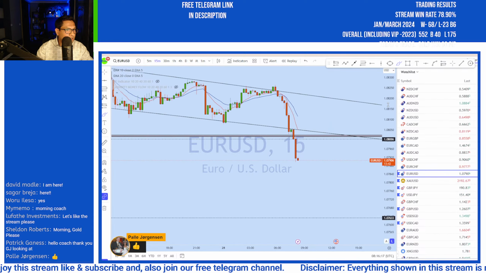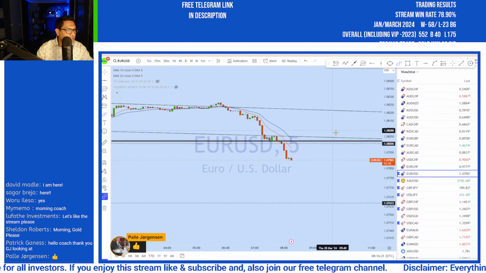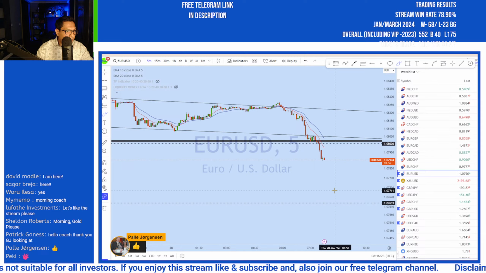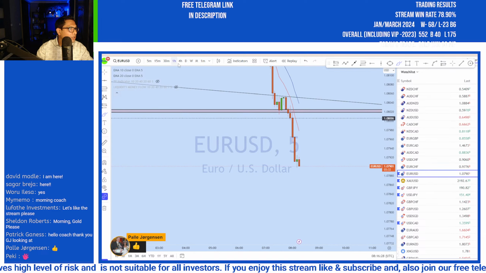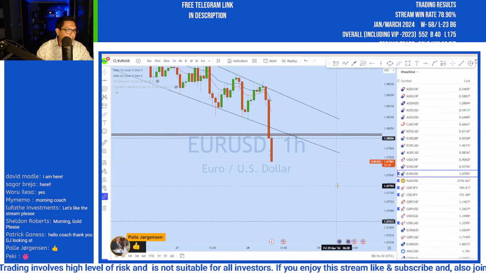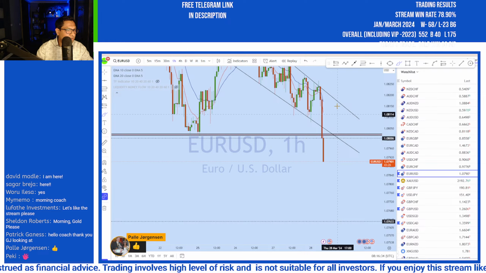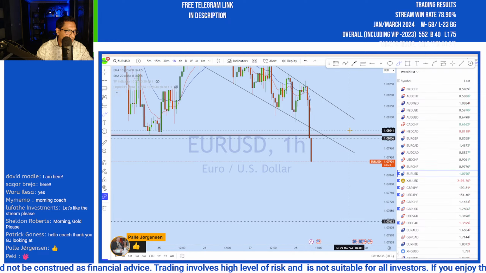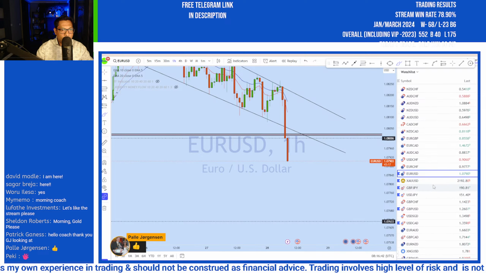Because there is news coming, I'm expecting it to drop a bit more to the downside and then go for a pullback. This is where we will be entering on a pullback. If we see that the market has retraced enough to the upside, then we can look for a possible entry opportunity on EUR/USD.